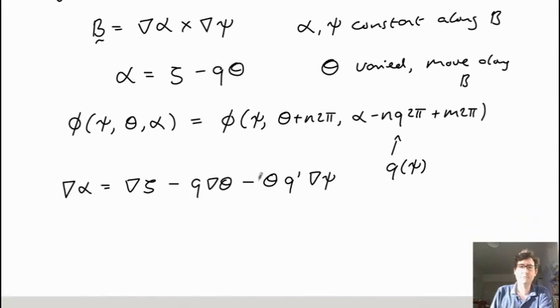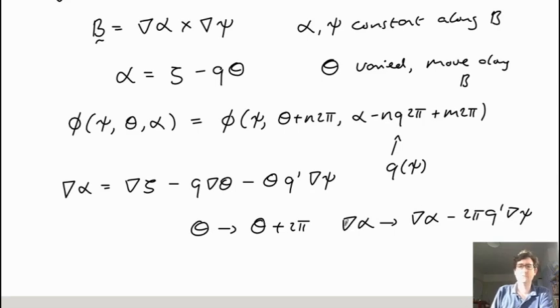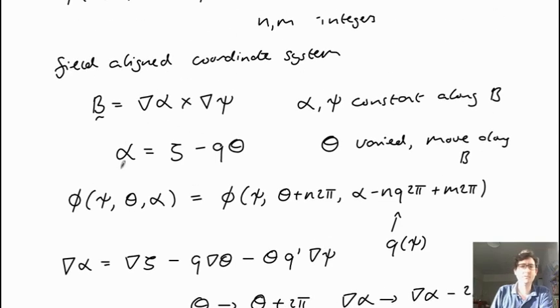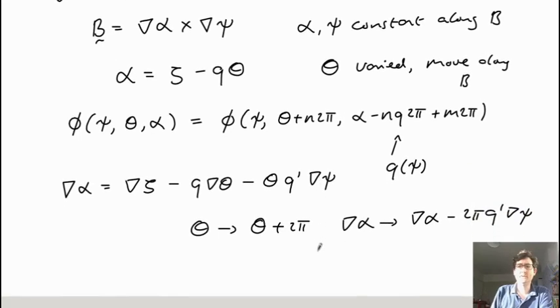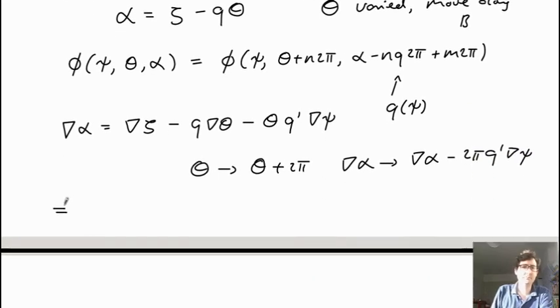Now you can see that if theta goes to theta plus 2 pi, then grad alpha goes to grad alpha minus 2 pi q prime grad psi. And so the coordinate system is not periodic, and this obviously causes problems when you're trying to write an equation in this coordinate system. You need to enforce this periodicity by hand, and this makes it very hard.